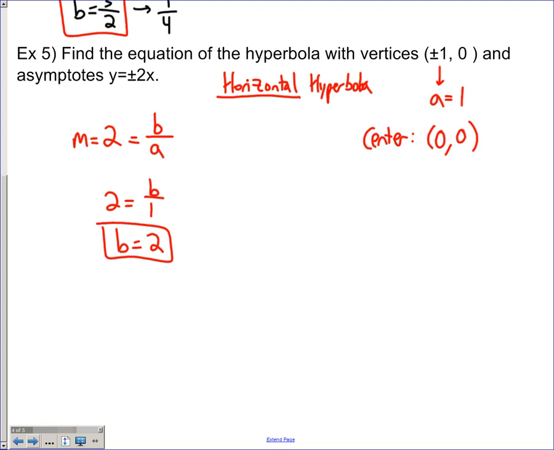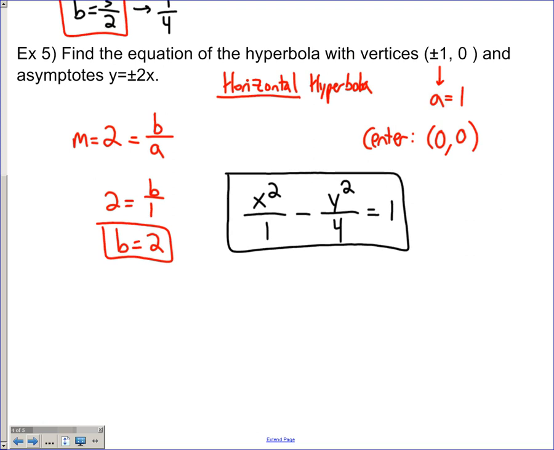So the final equation is going to be x squared over a squared, which is 1, minus y squared over b squared, which is 4, equals 1. So not too tricky. It's really just applying the slope from the asymptote to solve for the remaining a or b value, depending on what you know.